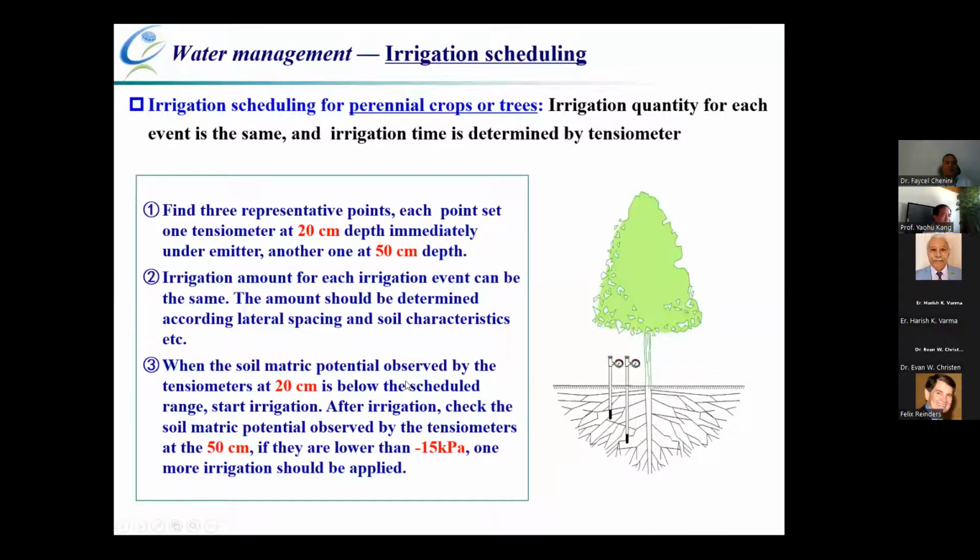When the soil moisture potential at 20 centimeter depth is lower than the threshold, start irrigation. After that, check the tensiometer at 50 centimeter depth. If it is lower than minus 50 kilopascals, then more irrigation should be applied. This is also very simple, very easy.